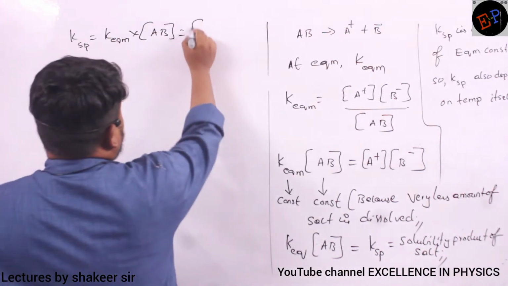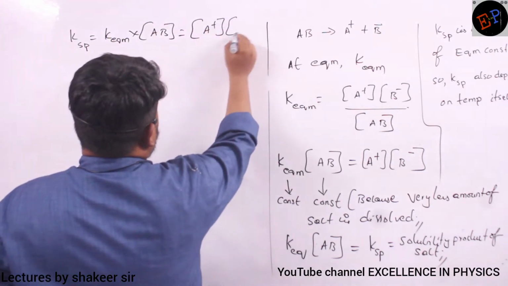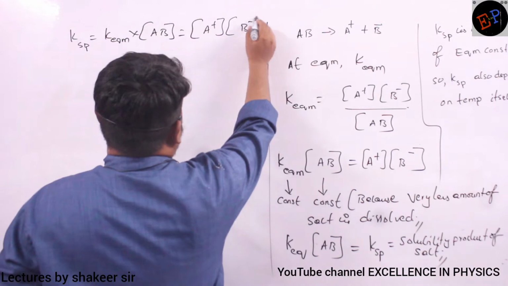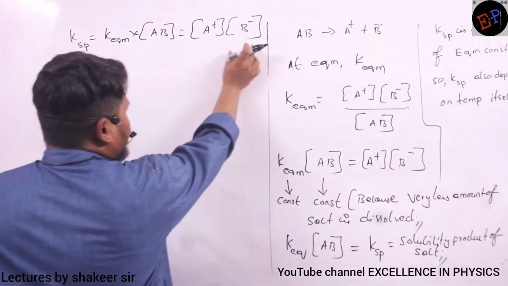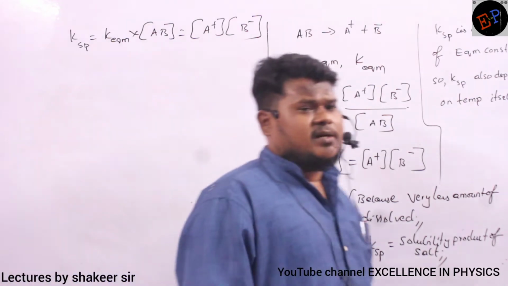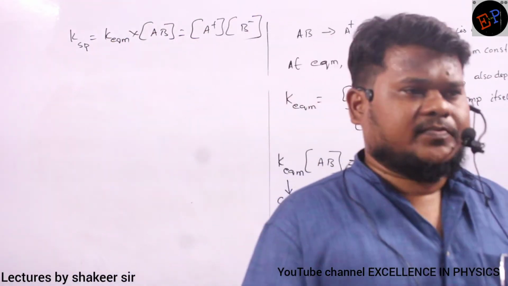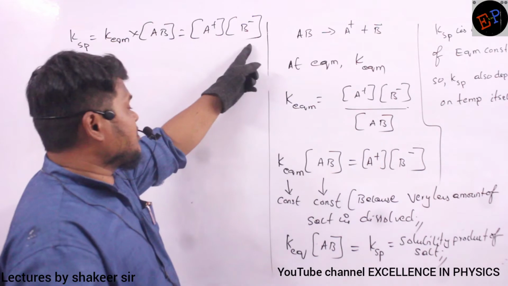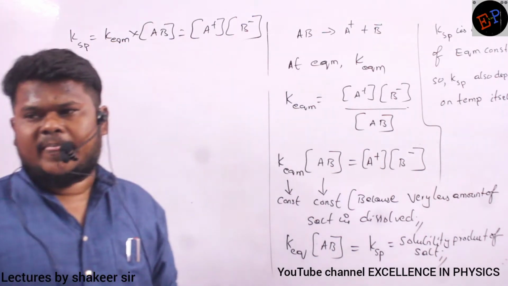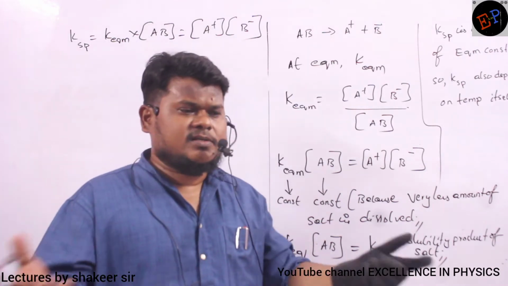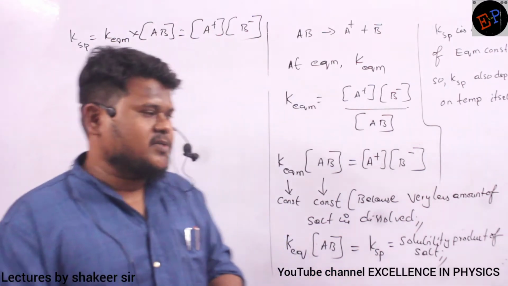This is equal to the ionic product of the concentration of ions. What are A plus and B minus? They are the concentration of ions. So the product of the concentration of ions is nothing but the ionic product. Ionic product means the product of concentration of ions. That's it. Are you able to understand?